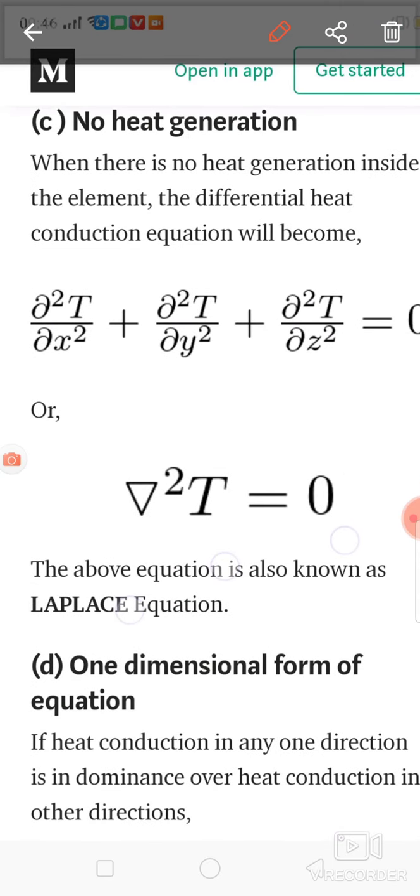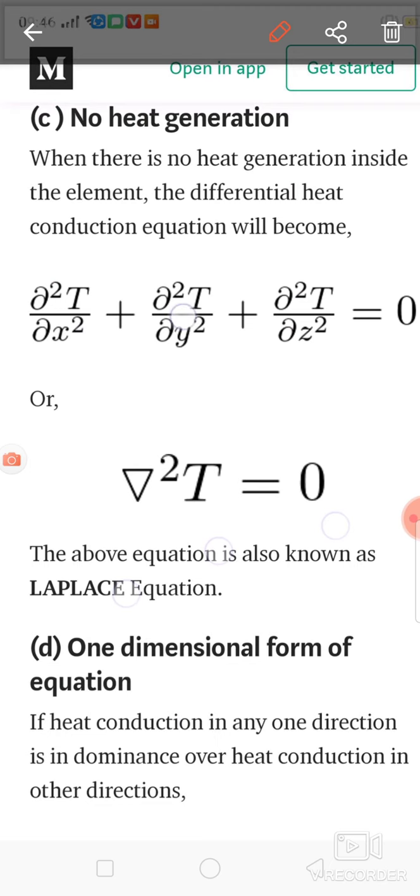If we want to find the one-dimensional form of the equation, then we consider only one direction, that is, the x direction. At that time the y direction and z direction are neglected. So for the one-dimensional form, the y term and z term are cancelled.